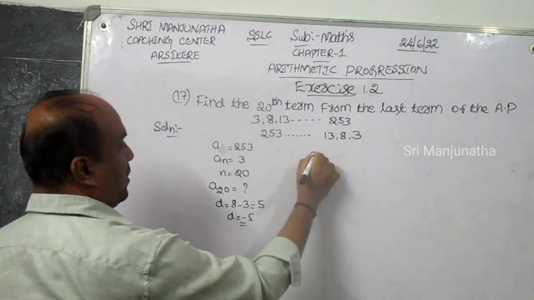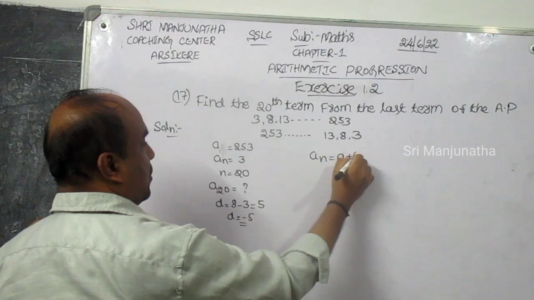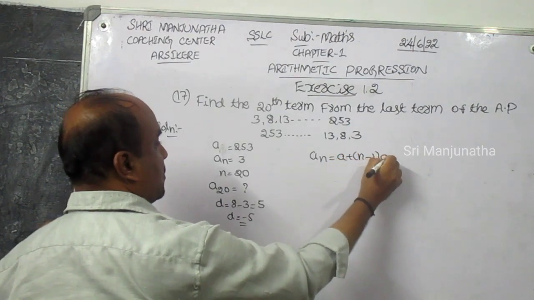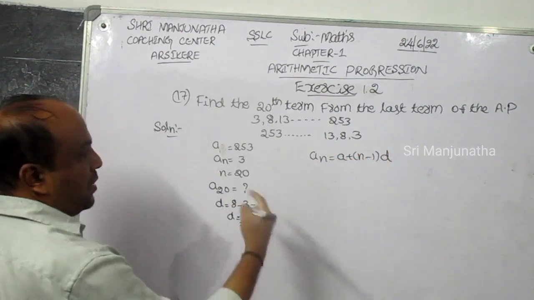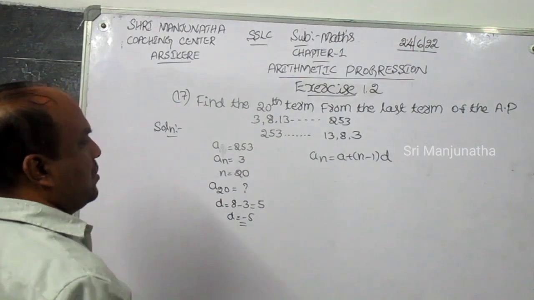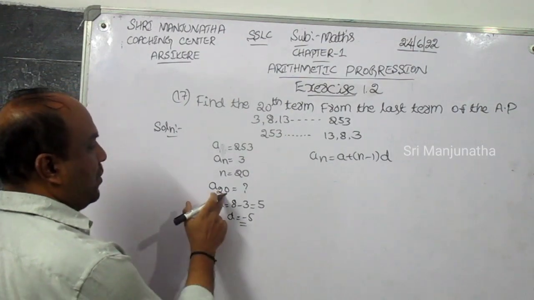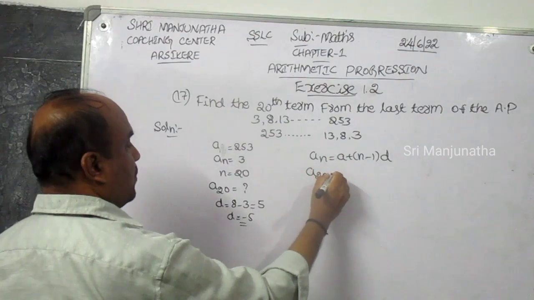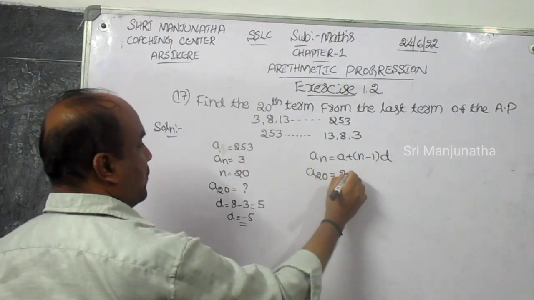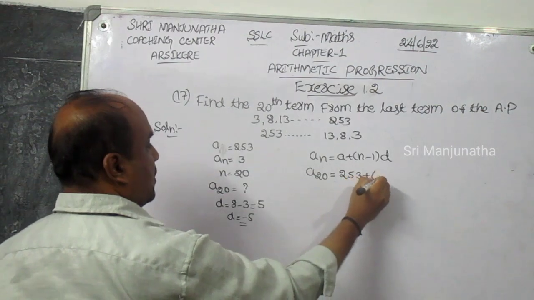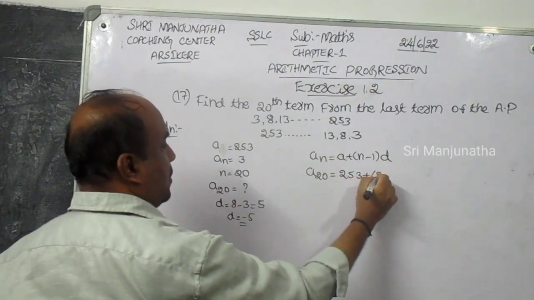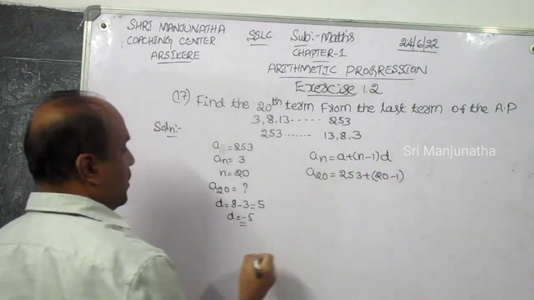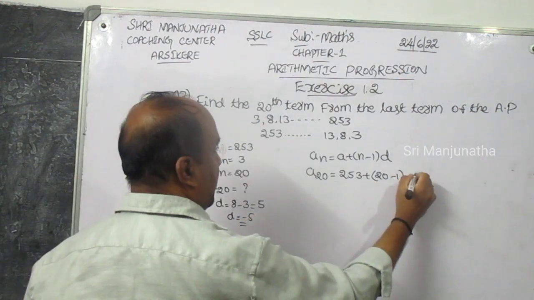So apply the formula. AN is equal to A plus N minus 1 into D. AN is equal to how much here? The last term. No, we have to find out the 20th term. A20 is equal to the A value 253 plus N value 20 minus 1 and D value minus 5.